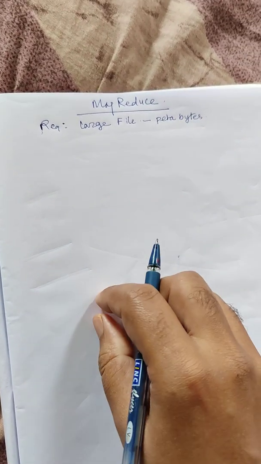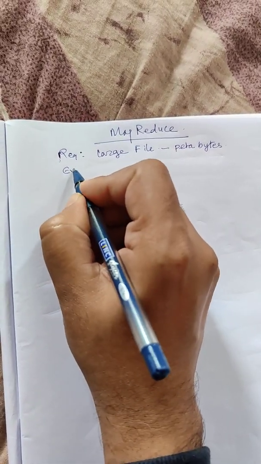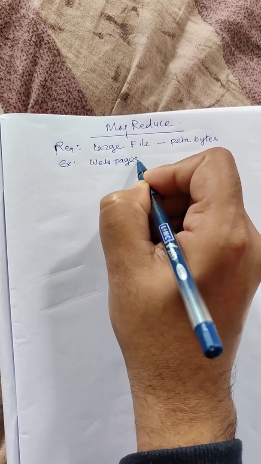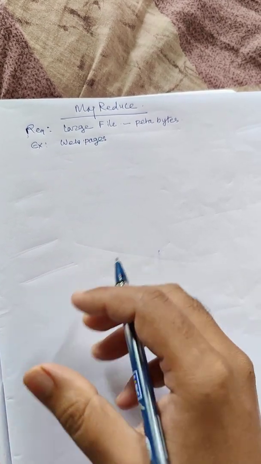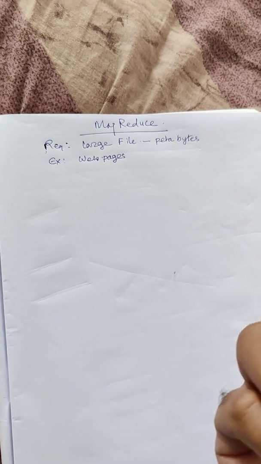An example of this could be several web pages and web contents, where you have a lot of documents and you want to search some text out of them. Say, for example, you want to search for Christmas among this huge amount of files. So how is MapReduce going to help you and become very handy there? That is exactly what we will understand.